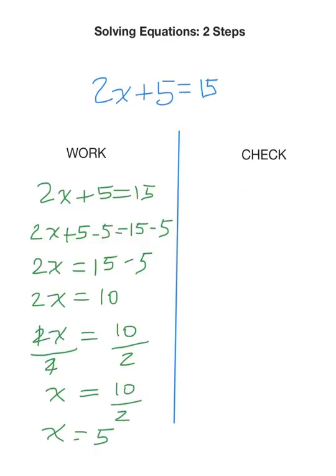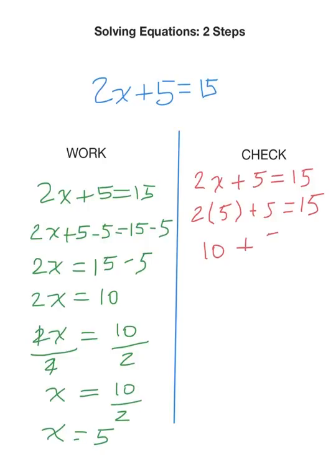So if we rewrite this equation, 2x plus 5 equals 15. Now I'm going to put the 5 instead of the x. So 2 times 5 plus 5 equals 15. Now we can solve. 2 times 5 is 10, plus 5 equals 15.